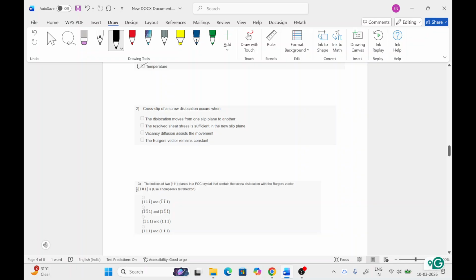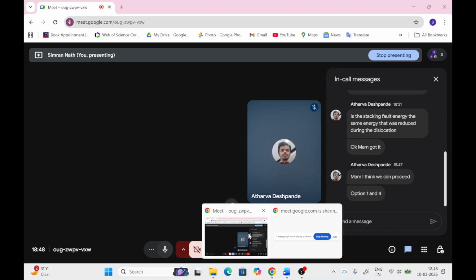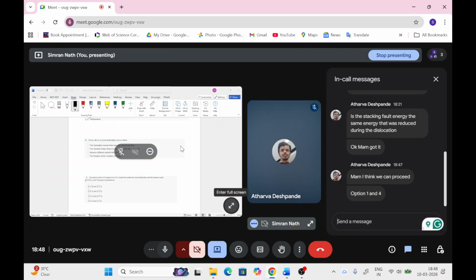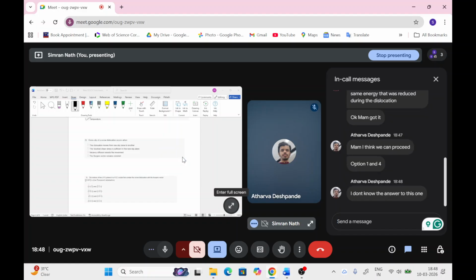Second question: cross-slip of a screw dislocation occurs when the dislocation moves from one slip plane to another, resolved shear stress is sufficient in the new slip plane, vacancy diffusion assists movement, or Burgers vector remains constant. We studied cross slip last week also.